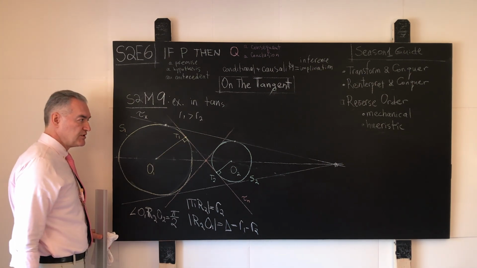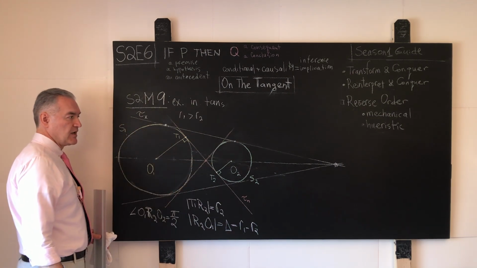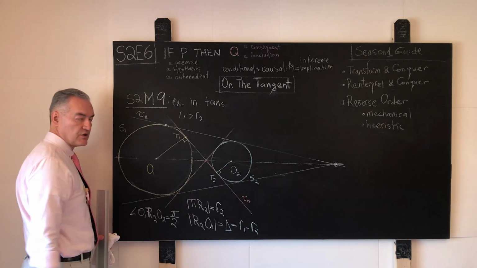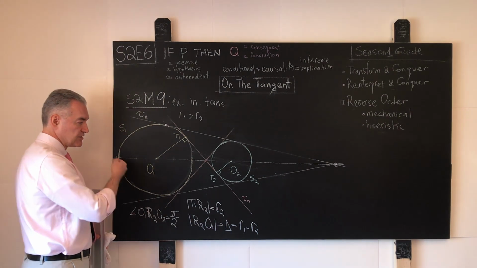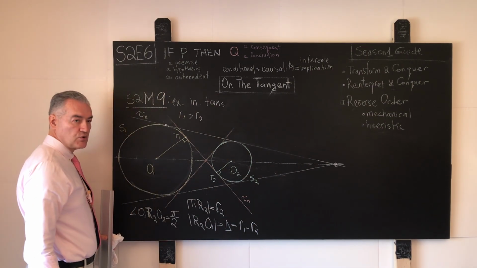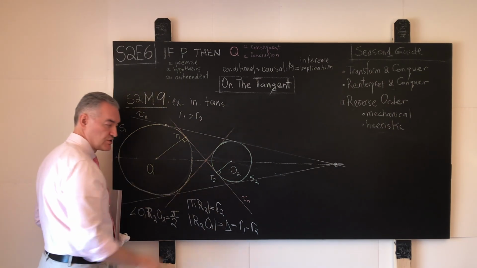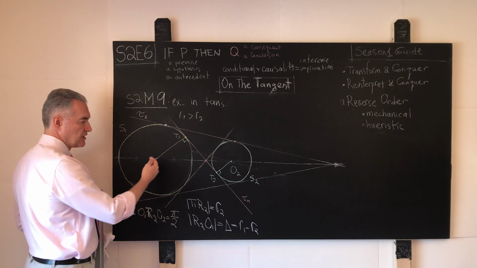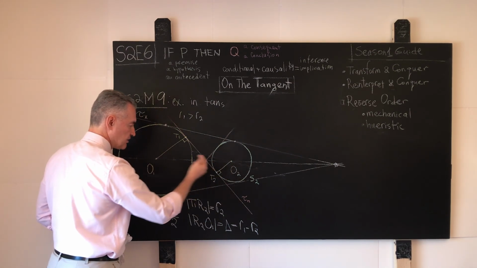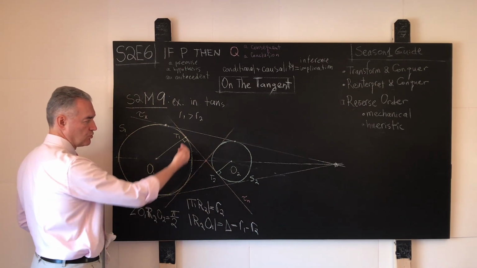And again, we remember the difference between the external tangents and internal tangents is the following. External tangents to two circles in their general position intersect the line of centers outside the line segment O1O2, and the two internal tangents to two circles in their general position intersect the line of centers precisely inside, in between the points O1 and O2, as shown over here.